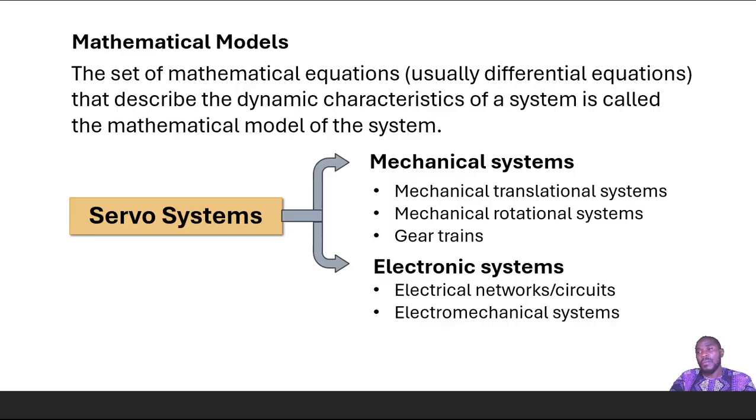Right. Now, it's critical to note that the mathematical models we are going to derive primarily are in the time domain, right? They are differential equations where you find the derivative of certain properties with respect to time. Okay. But for the majority of what we'll be dealing with, we will be looking at transfer functions.